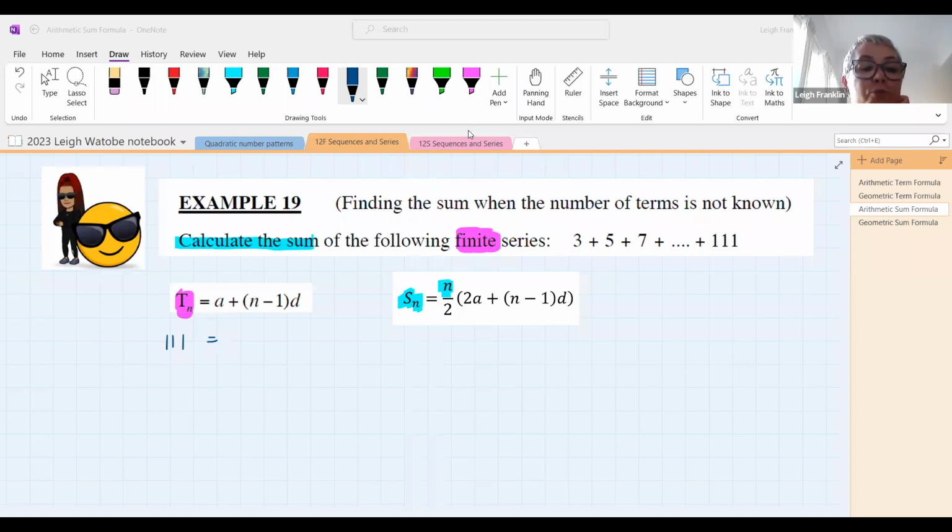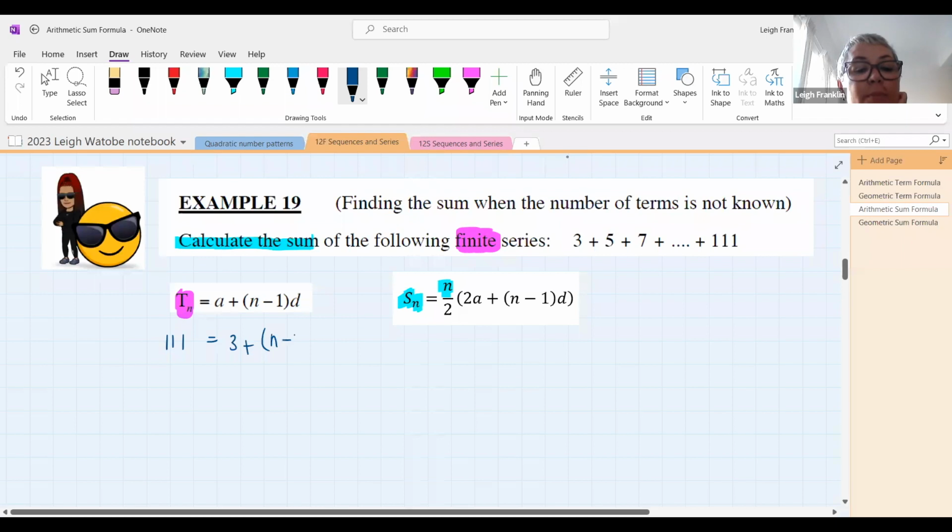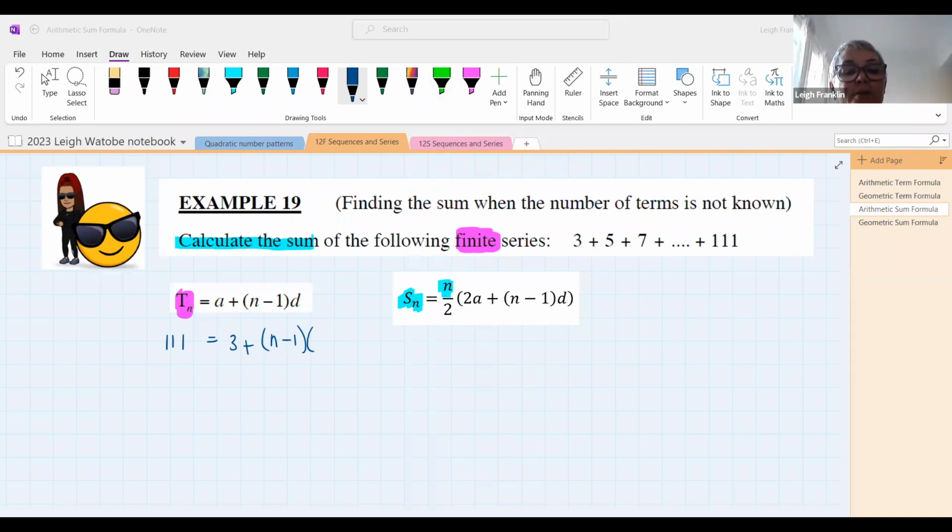I'm going to substitute 3. Perfect. I don't know what n is. That's what I'm trying to calculate. And the value of d in this case. Yes, there we go. The value of d is good. Perfect. So now I can calculate how many terms there are in the pattern.